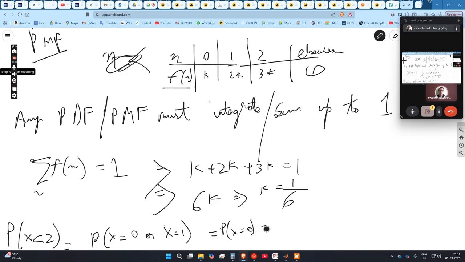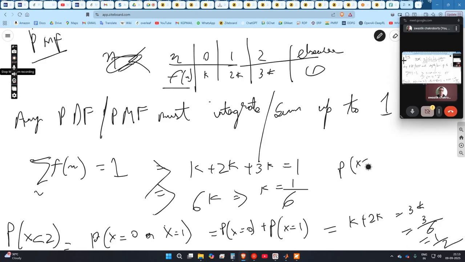So P(X equal to 0) plus P(X equal to 1), because these are the only two events that are satisfying. So this is k and this is 2k. So it is 3k. So it is 3 by 6, or half. So P(X less than 2) is half.